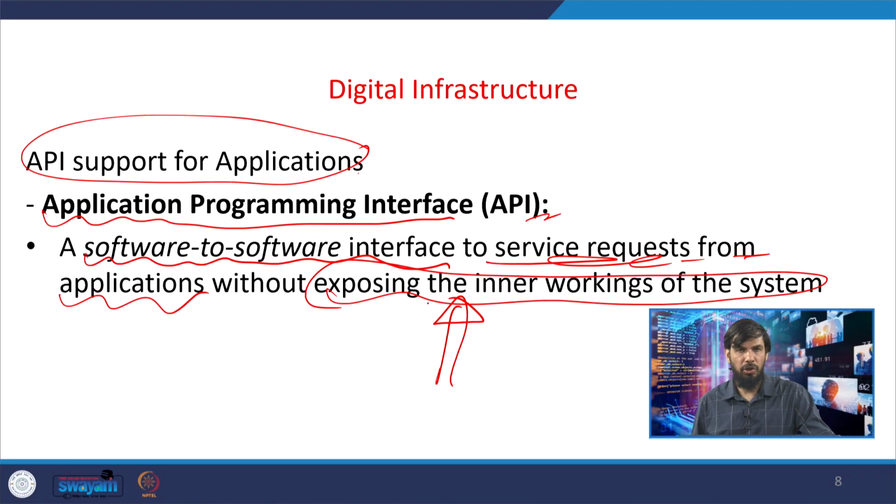So, another reason for providing an API is that it might not be a good idea to expose the inner workings of the system, because you want to protect the programs and data from unauthorized access, since they could be misused. So, to have a layer of protection, you do not want to expose the inner workings of the system for security reasons, but you also do not want to stop software developers or engineers from developing applications.